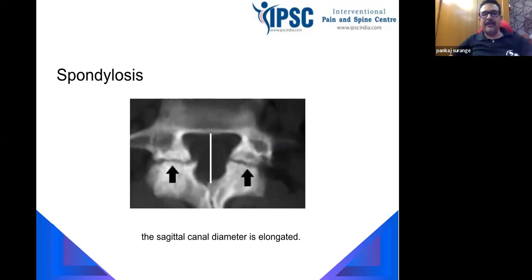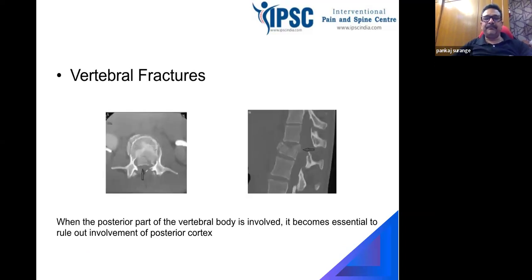Spondylolysis, when you're suspecting a pars defect, again, CT scan is a better option, or the oblique X-rays. At times, they may be able to differentiate facet arthropathy from spondylolysis, that means pars defects. Vertebral fracture, especially if you're planning for a vertebral augmentation procedure.